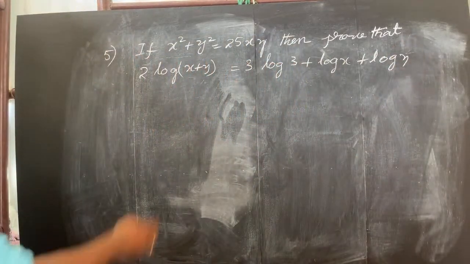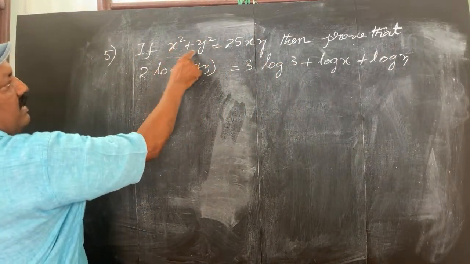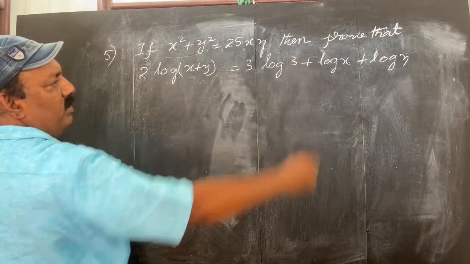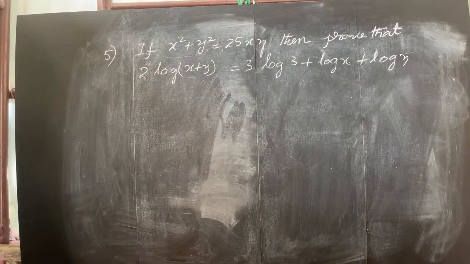And here, by taking the help of this x square plus y square equal to 25xy, he is asking to prove this kind of logarithm formula.